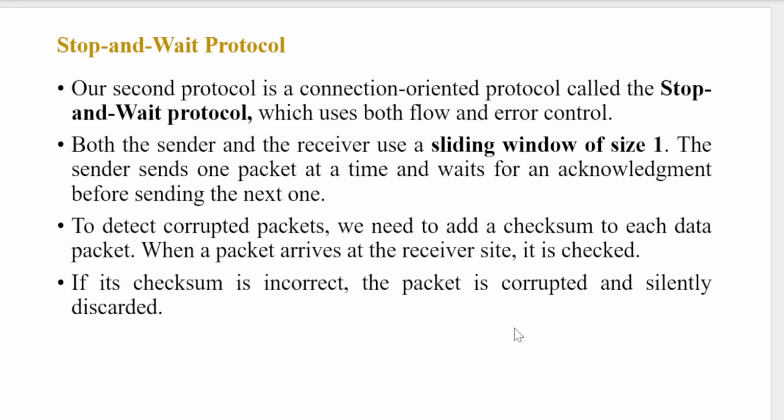The other one is the stop and wait protocol. It is a somewhat connection-oriented protocol in which we handle the case of whether the data is received or not. If the data is missed or corrupted, it is not reliable, and the data should be sent again.